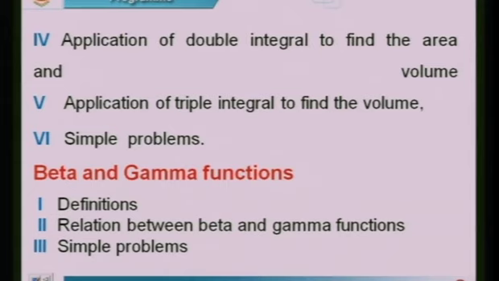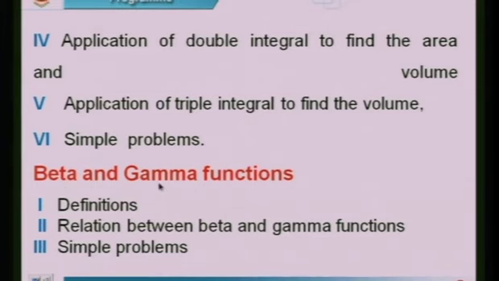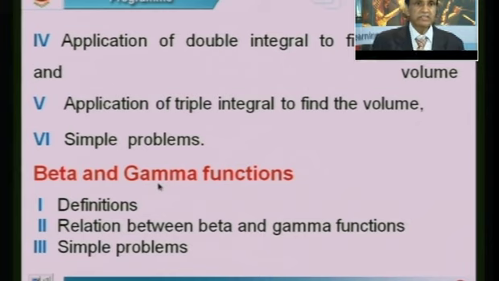These are special integrals which we use in engineering applications where we cannot solve the integrations by the analytical methods. Then we go for a direct use of these integral equations, that is, one is beta function and the other one is gamma function. In the beta function we use the limit 0 to 1, and in the gamma function we use the limit 0 to infinity.